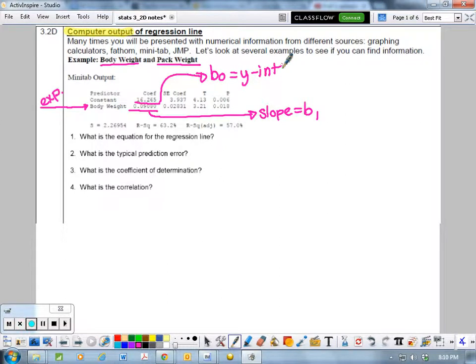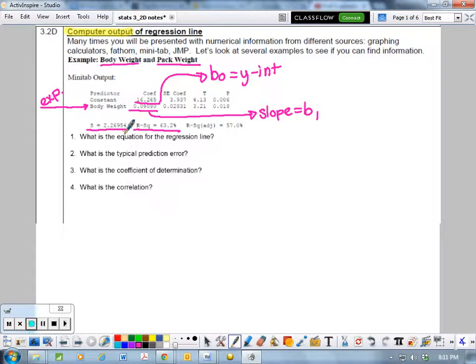Now we have other variables over here like the standard error, the t-value, the p-value. That's stuff that we're going to use second semester, all really important to running statistical tests. But the stuff that we've talked about so far is our r squared and our s value.